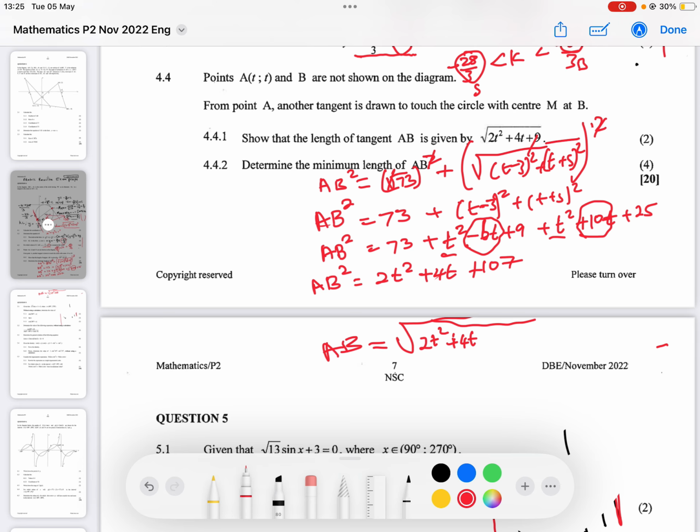There's a mistake somewhere that I did here, I believe so. Because we're supposed to get maybe 81. We're supposed to get 81, because the root of 81 will be 9. So let's check 73 plus 9.